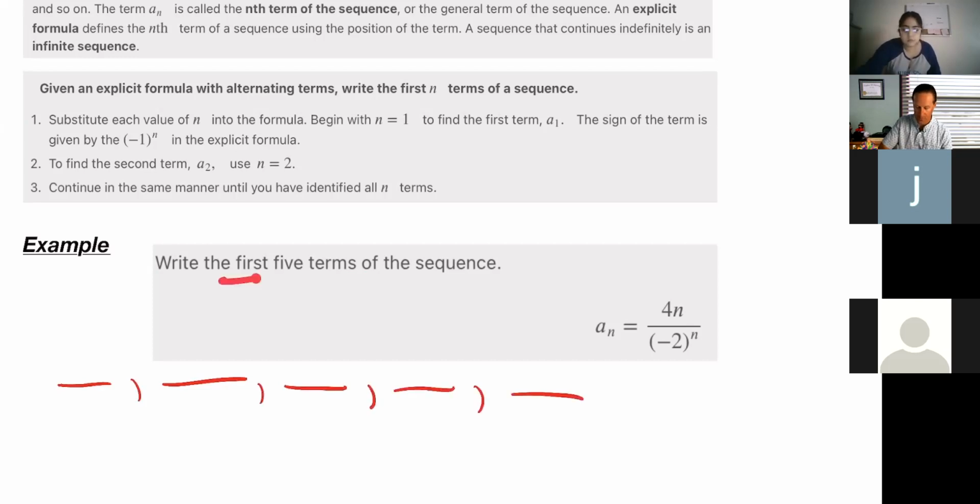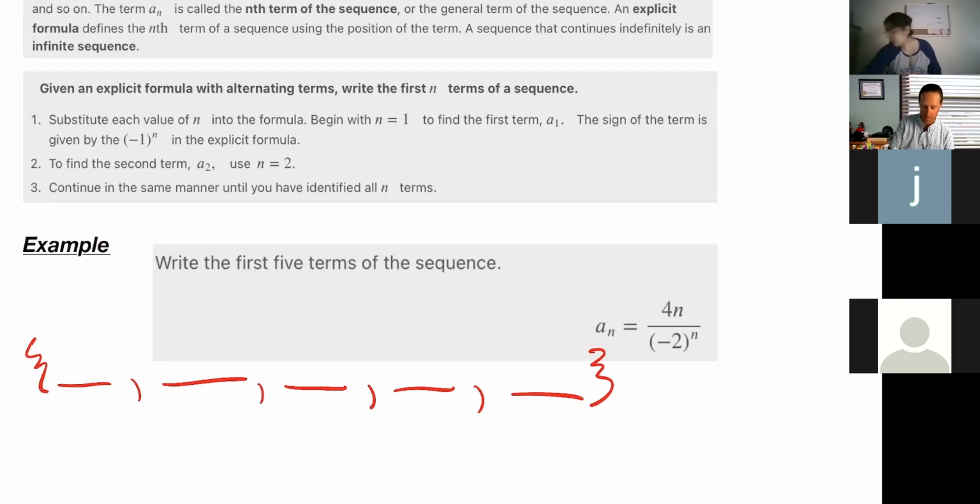They want us to find the first 5 terms of the sequence defined by this. So if you want to write it like this with the curly braces around it, that's fine. It's all good. It's totally up to you. All right? I'm not going to nitpick on that, but remember, we're listing this sequence of numbers by putting it in those curly braces and saying this is my set of numbers.